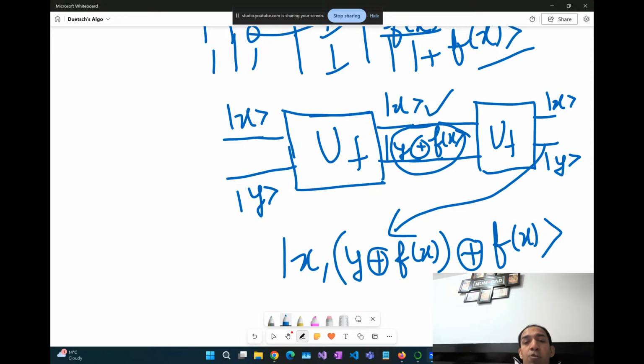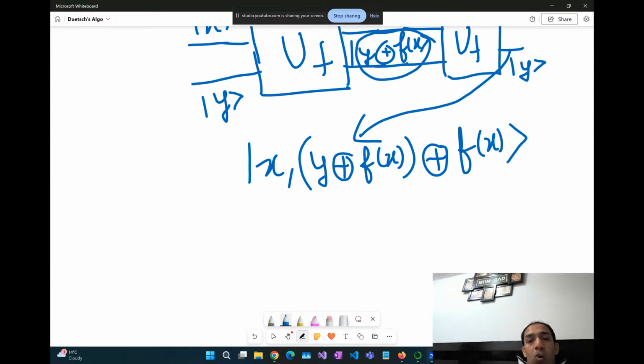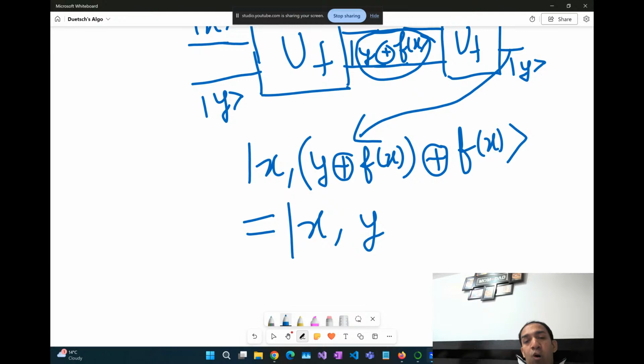Now, if you do the mathematics again on this part, you will see that this is simply the associative property of the XOR gate. So you can write it something like this one.